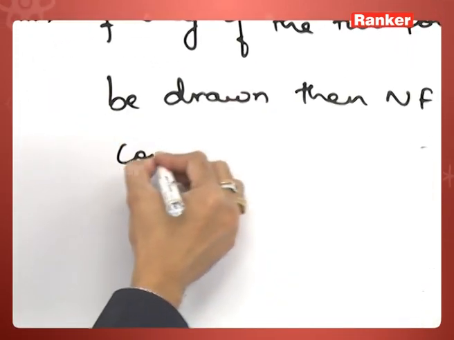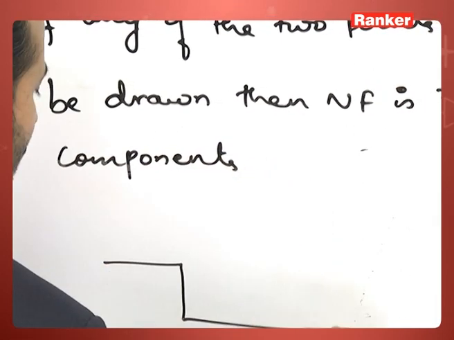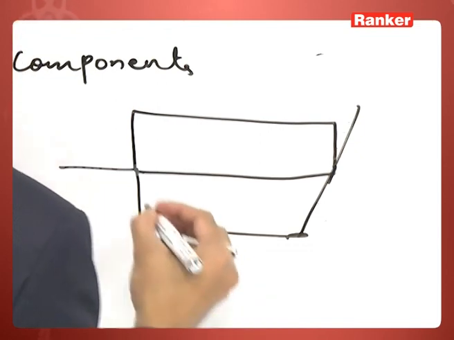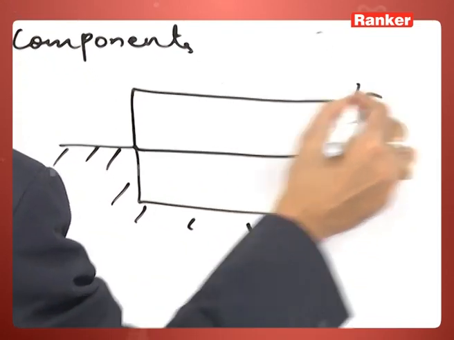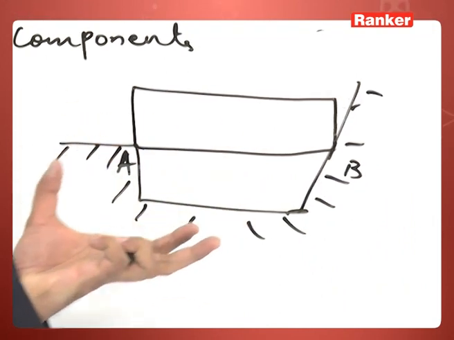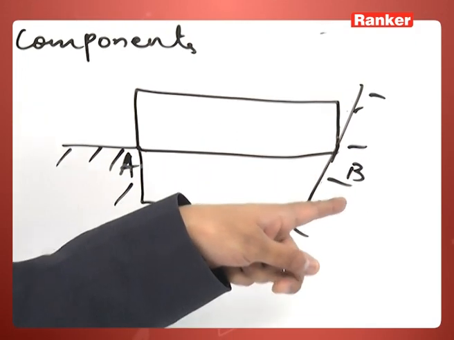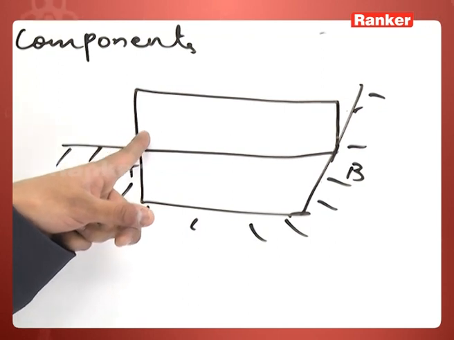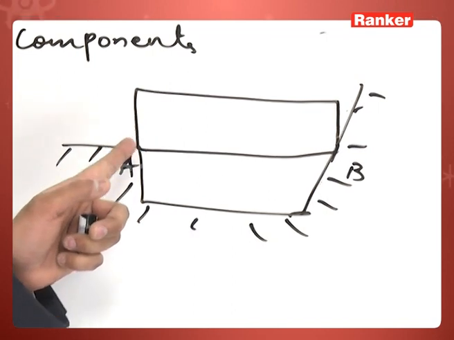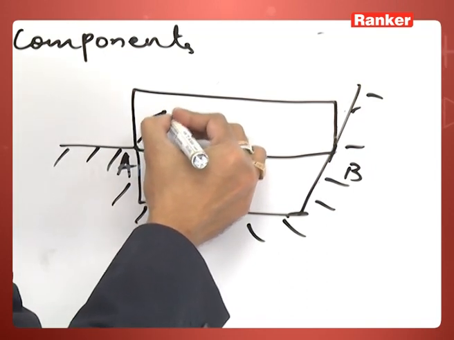Example: in this case a block is resting in a haphazard kind of cave or something like that. Here at point A and at point B, normal force is not perpendicular to the contact surface. Normal force cannot be drawn perpendicular to the surface of the body. So in this case, normal force is resolved along two components.